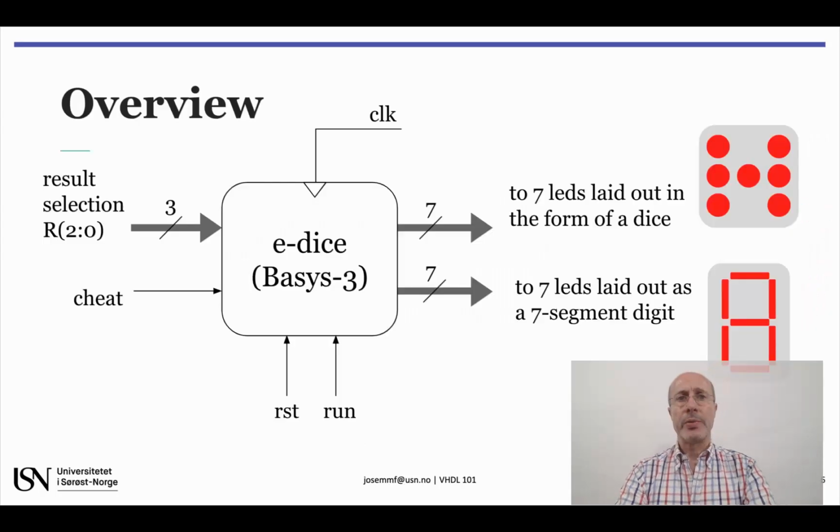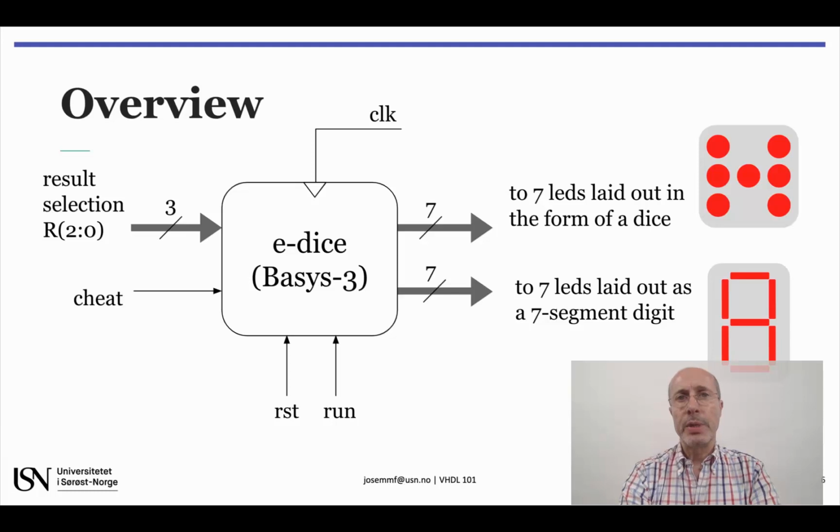This slide shows an overview of what you are being asked to develop. Our e-dice should support a cheat input to switch between normal and cheating modes, and 3 result selection inputs to indicate which result should have a triple probability when the cheating mode is active.